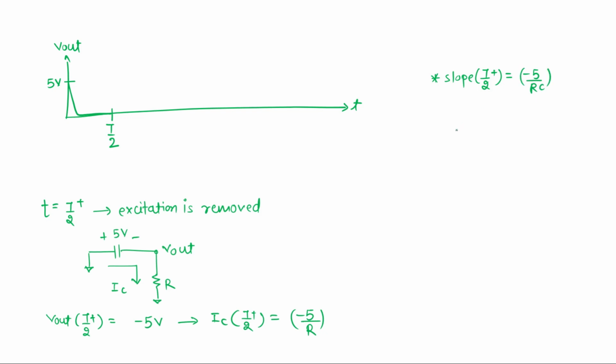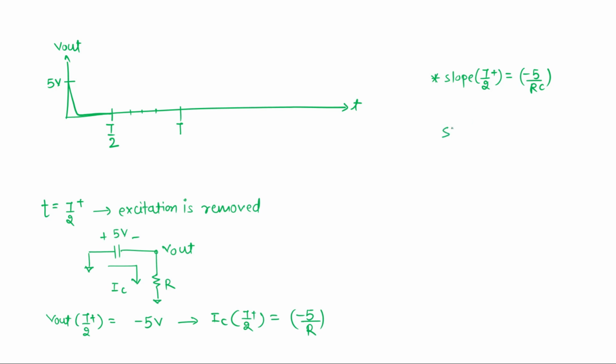Further, at every instant between these 2 points, T by 2 and T, my capacitor voltage is reducing, hence the current magnitude is reducing, so the slope of the capacitor voltage will also be reduced.